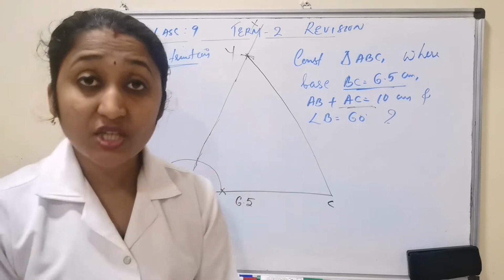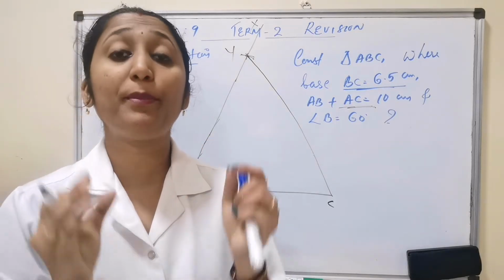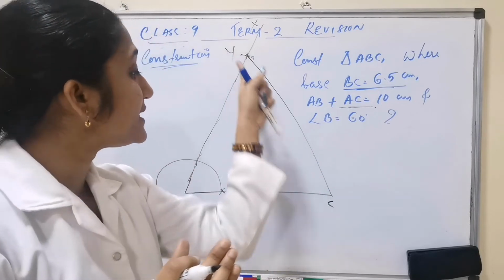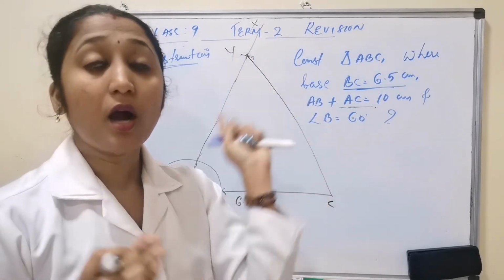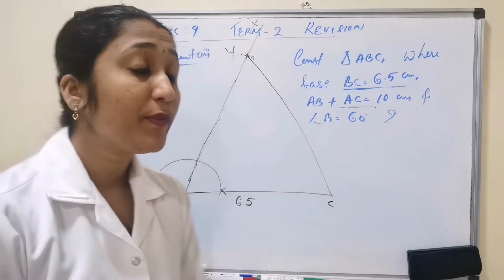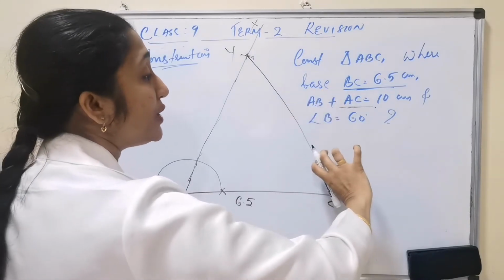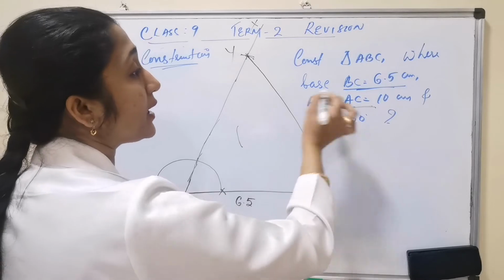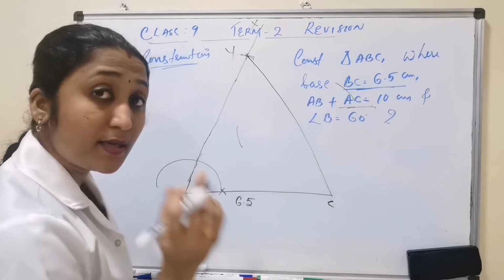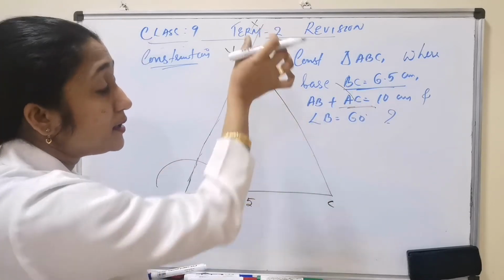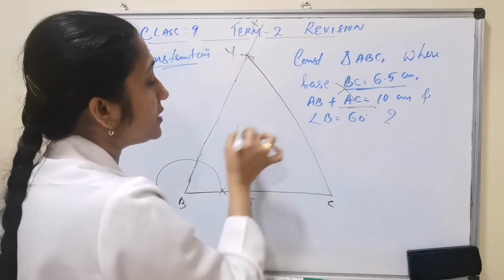Next step, we want to draw the perpendicular bisector of CY. How to draw a perpendicular bisector? Point here with more than half the length and point there with the same, and draw one arc and another arc. Similarly, cut these arcs.